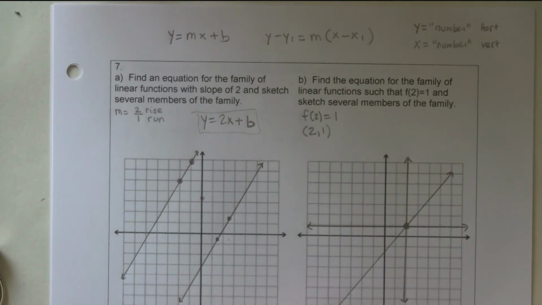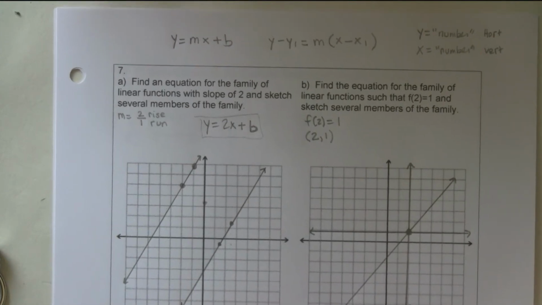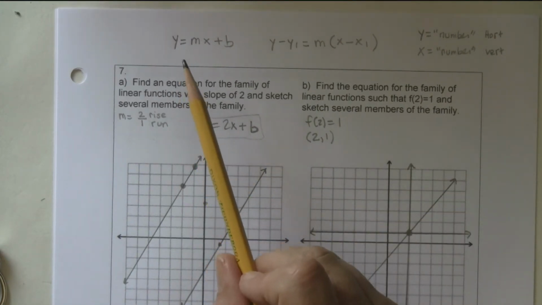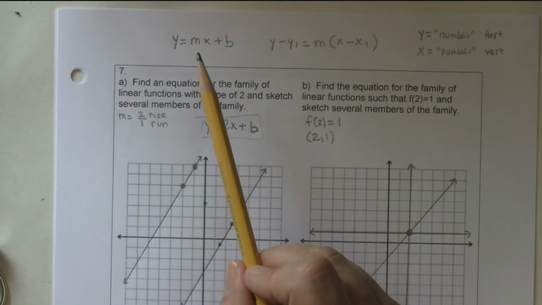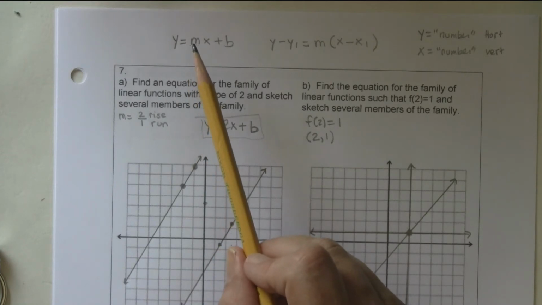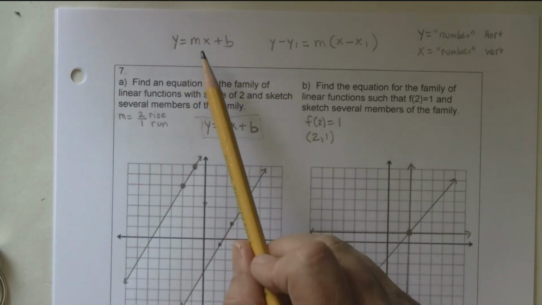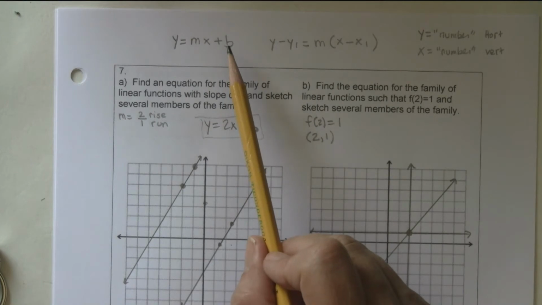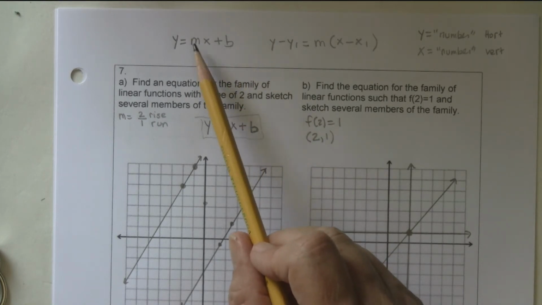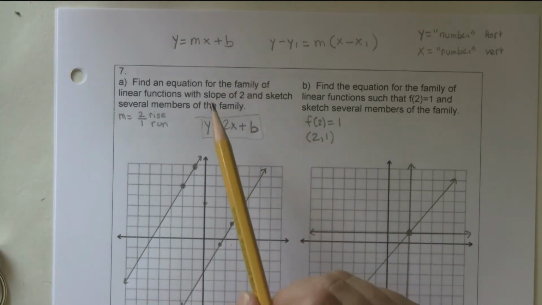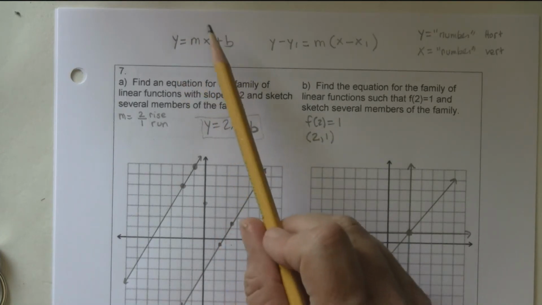So they want me to come up with an equation of that family. And so the slope is the thing that's unknown, right? The slope can change, and so I don't want to put anything in for slope. And this equation right here has the y-intercept, and the slope is changing, the y-intercept is changing, so this equation doesn't seem very helpful.